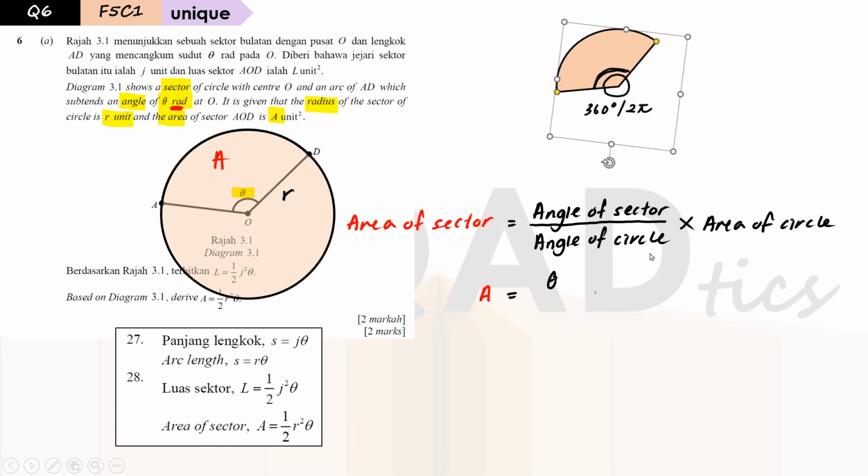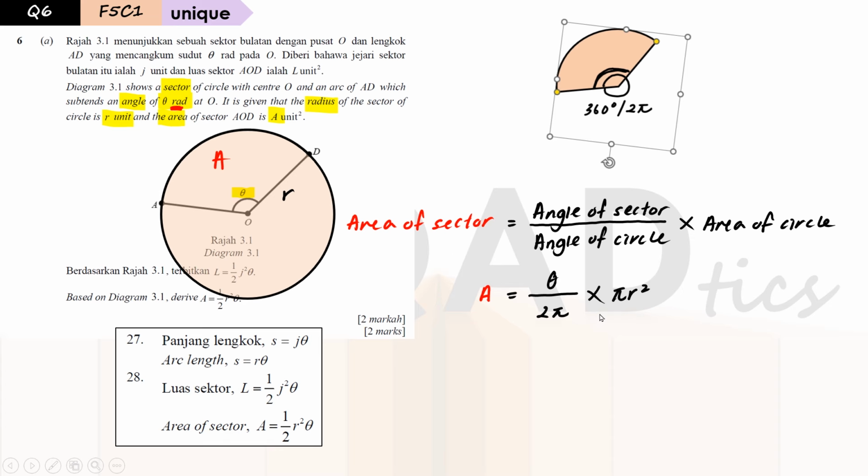The angle of the circle, which is the entire turn or one turn. We are using radians in this question, so we are going to use 2 pi. And for the area of a circle, we already know it's pi r squared. Okay, so now we have all the expressions for these 4 things.